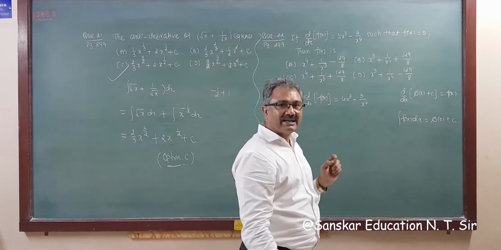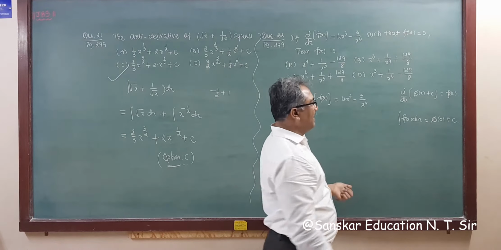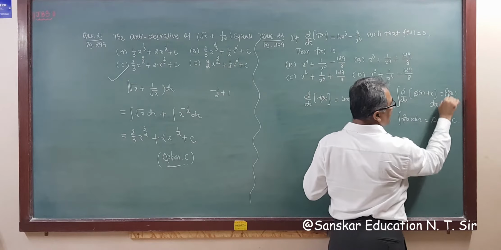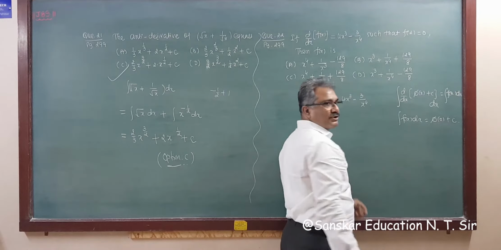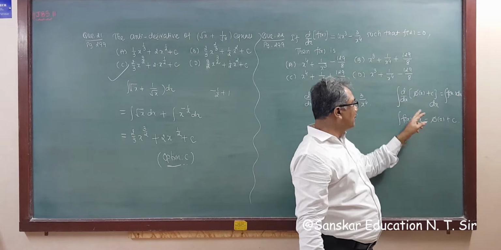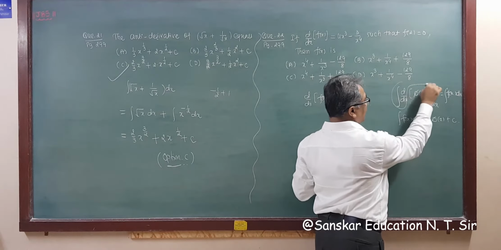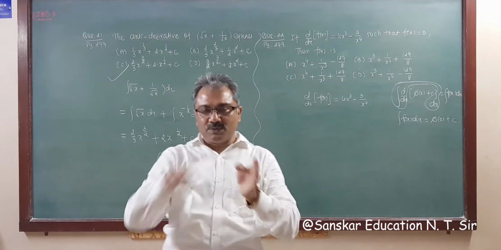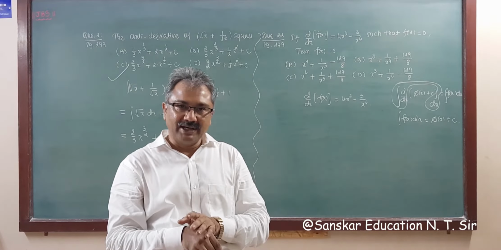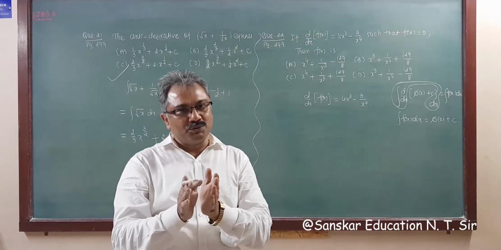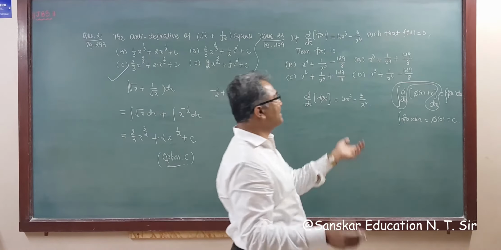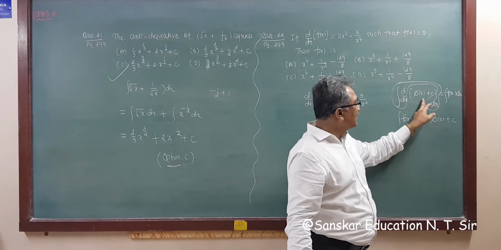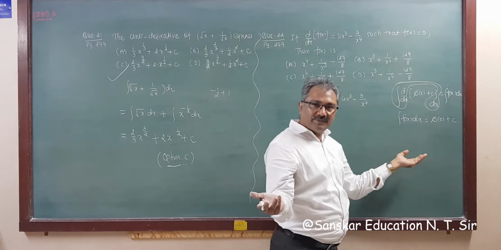That means if we integrate, as you know, integration and differentiation are reverse processes of each other, right? When they are both together, they vanish, and what remains is the function phi x, so phi x plus c is the answer.